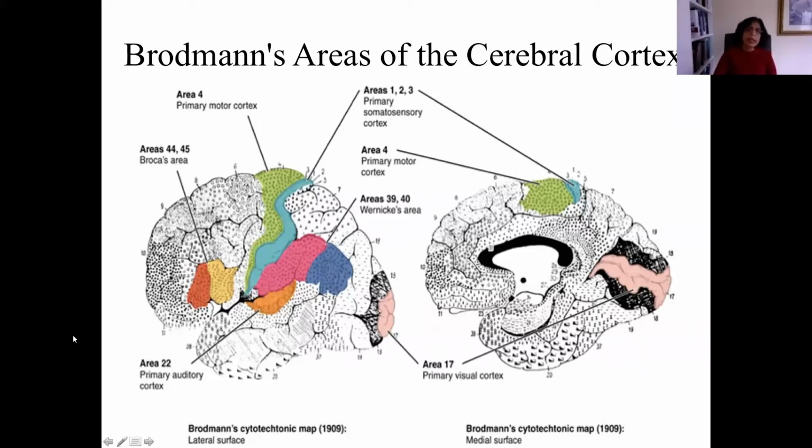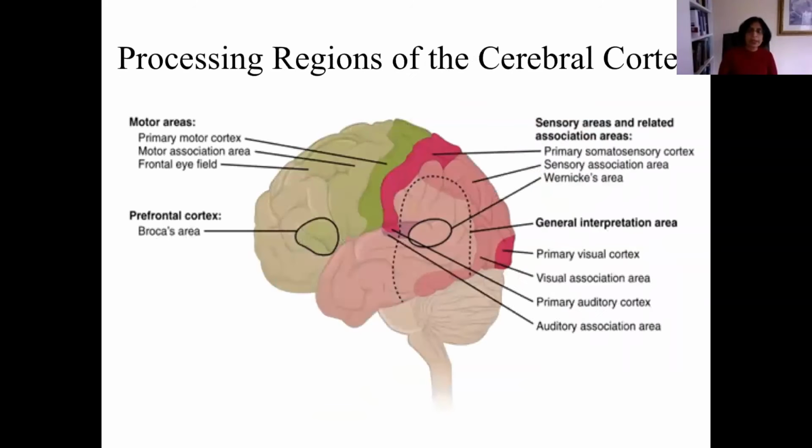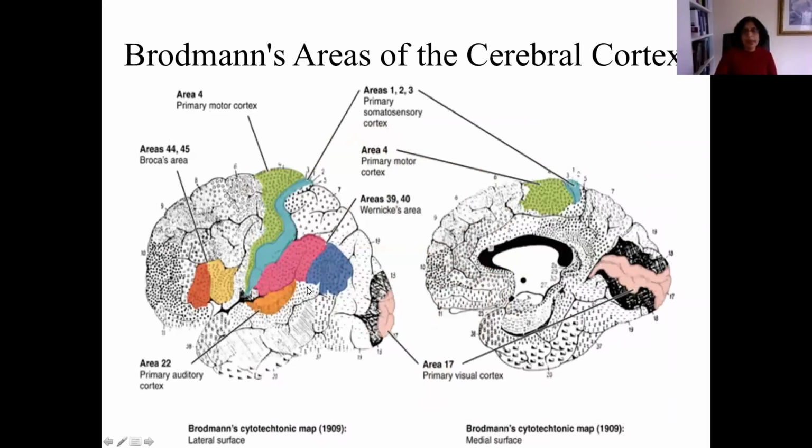You're looking at primary visual cortex. That's where the sight, the photo reception is going to be processed. This pink area here. The darker area would be the association area, visual association area.